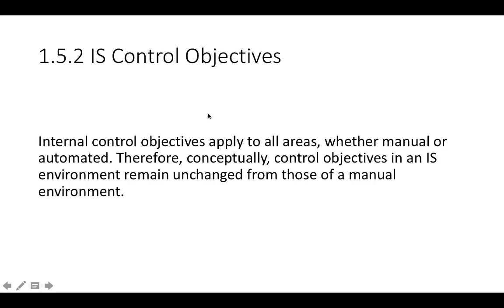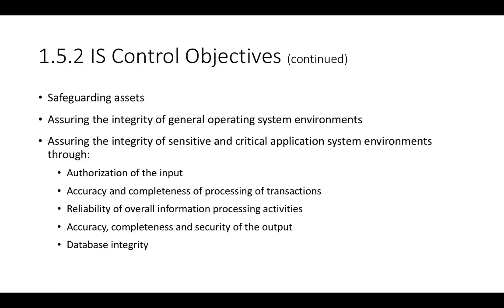All right. So IS control objectives are quite similar in nature, right? So again, these are the objectives: safeguarding assets. The whole purpose of doing this is to safeguard your assets, to identify risk of your assets, vulnerabilities of the assets, and risk to your assets. Then you can correct them. All right, and assuring the integrity of general operating system environments.